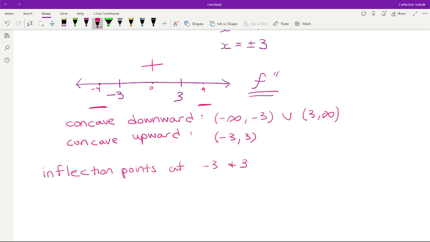So we have to go all the way back up to our original function to figure out where they occur on the f graph. Because that's what we're trying to do. We're trying to graph that original function f. Okay, so it's going to be -3 times the natural log of x squared plus 9.